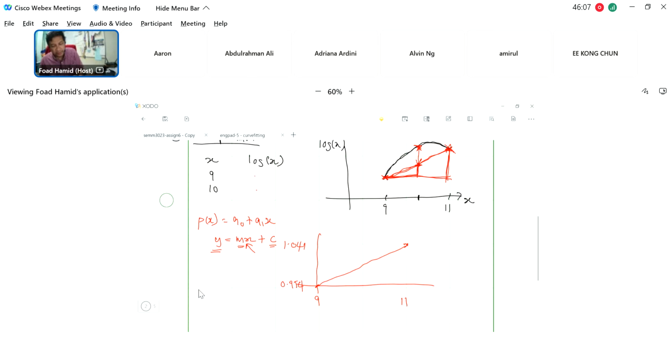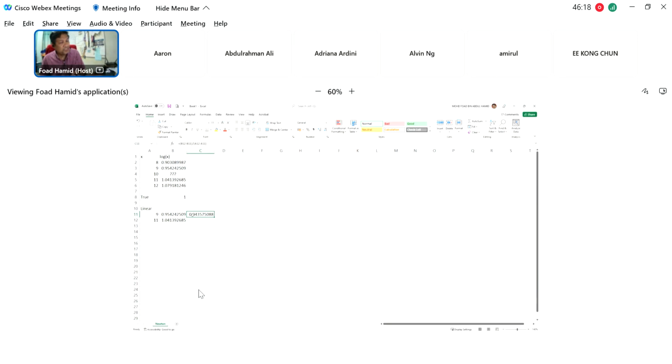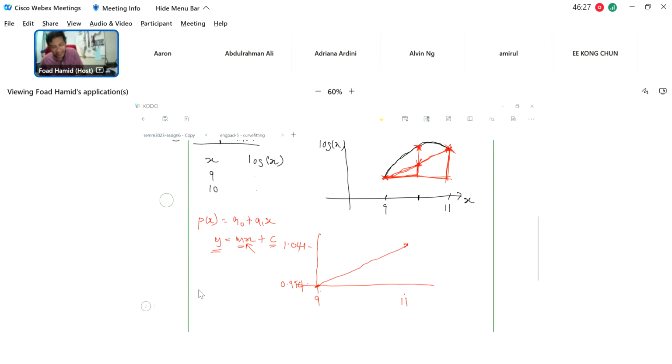The slope is just this minus this over this minus this, delta y over delta x, which is this value here, and the intercept here at our x-axis is this 0.954.